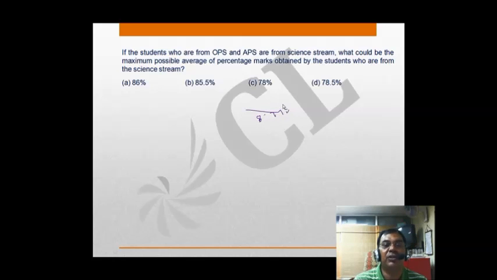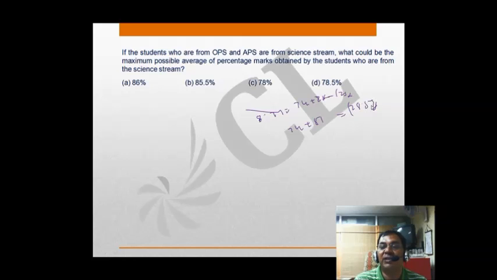75 is not the answer. 74 plus 76 I can put both as the science stream, so 75 is not the answer. After that I put 74 plus 81, so that will be 78.5.